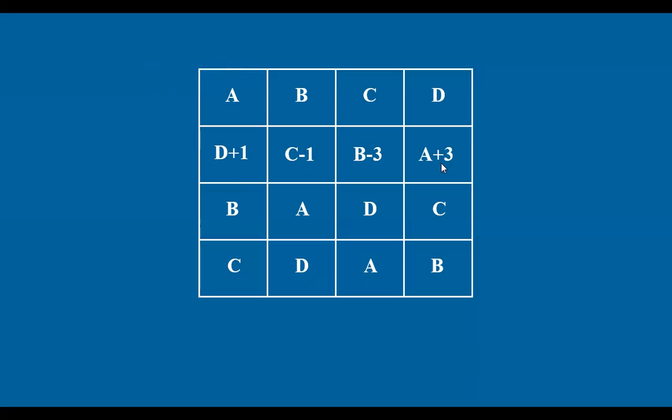The secret of this is, I'm not going to change the total in this row. Suppose if these A, B, C, D are numbers, and I add 1, subtract 1 here, -3 +3, this effect is nullified, and the total is unchanged.